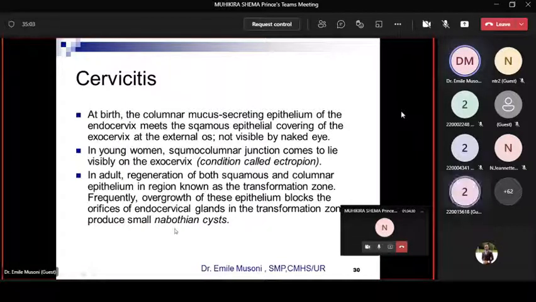This one is the dilatation of endocervical gland, and most of the time it is related to age. Over 55 or post-menopause, it is where you see some cases of Boson cyst.